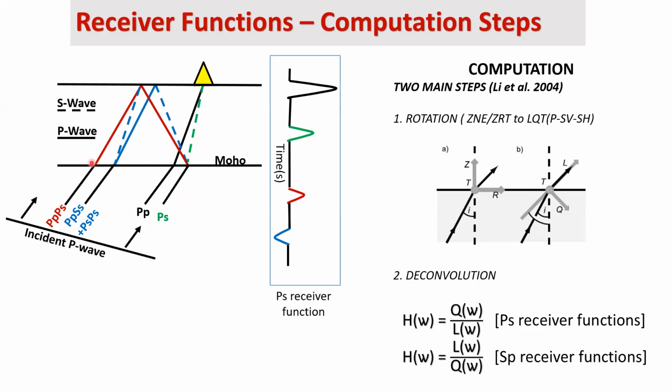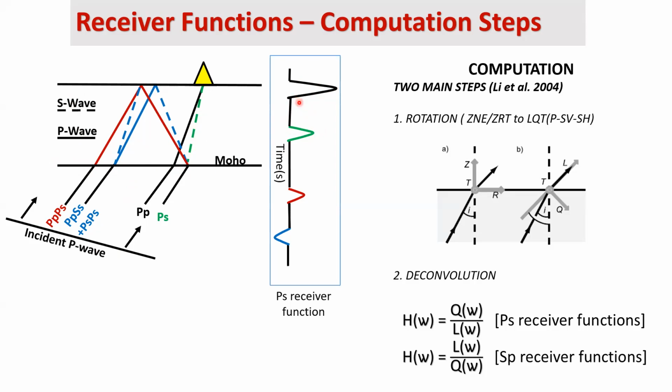When it impinges upon this discontinuity of high impedance contrast, it gets converted into the S wave along with several other reverberations. If you know the amplitude and the timing of these converted phases with respect to the direct P wave, then you can model those amplitudes and timings to find constraints on the underlying geology.